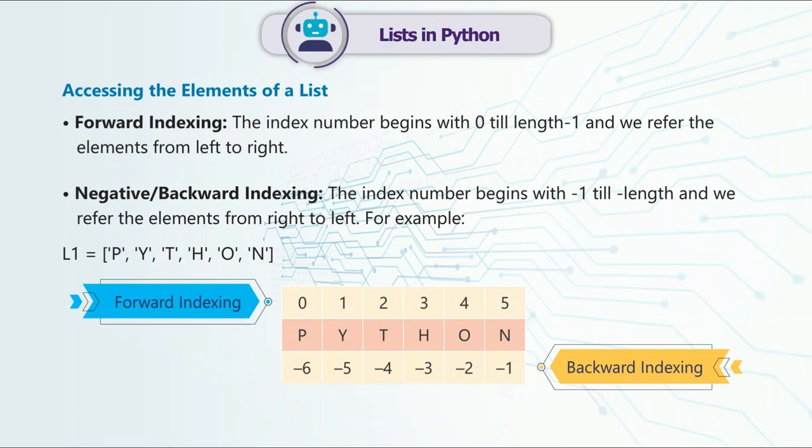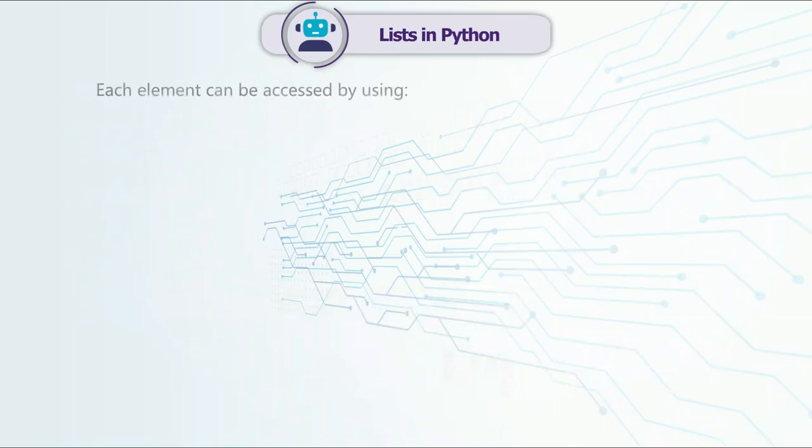Forward indexing: 0, 1, 2, 3, 4, 5. P, Y, T, H, O, N. Backward indexing: -1, -2, -3, -4, -5, -6.